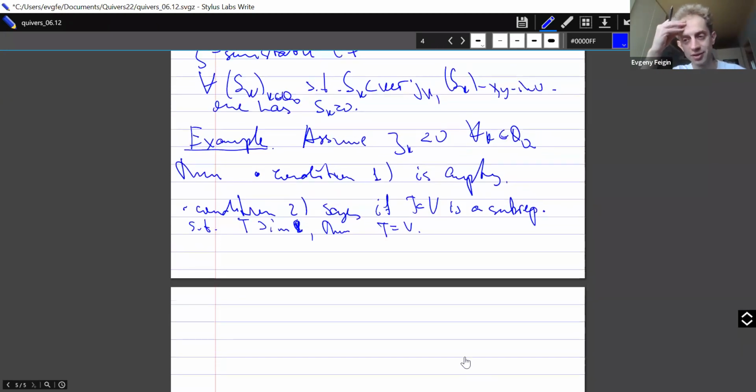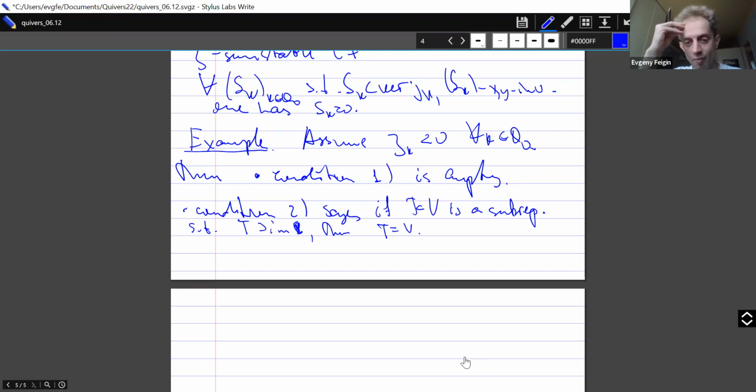It's not irreducible, but it says that if a subrepresentation contains all the images of all the I's, then it's just the whole thing. Okay.